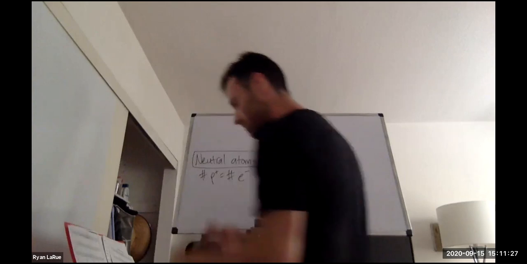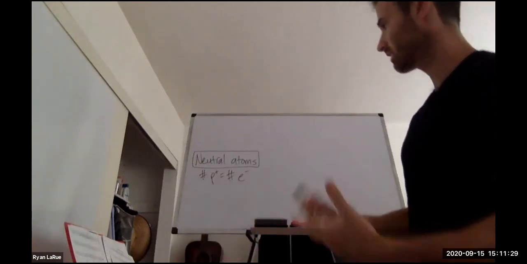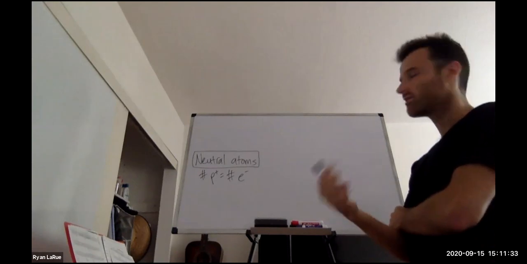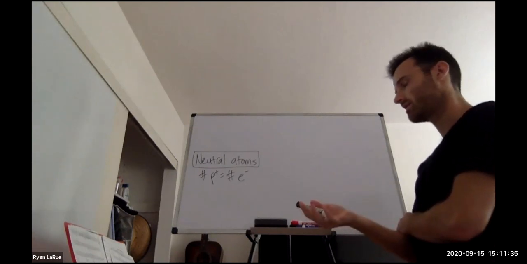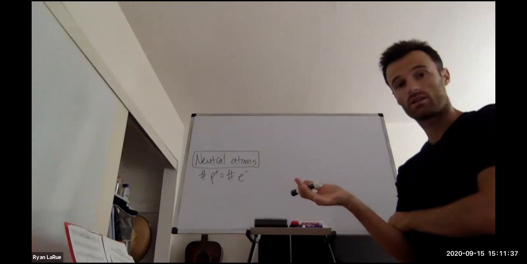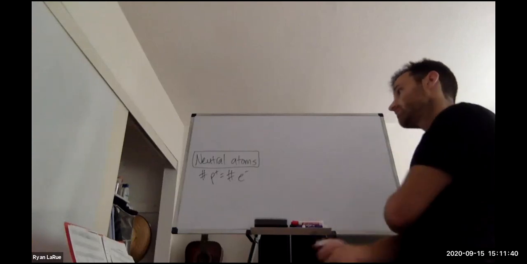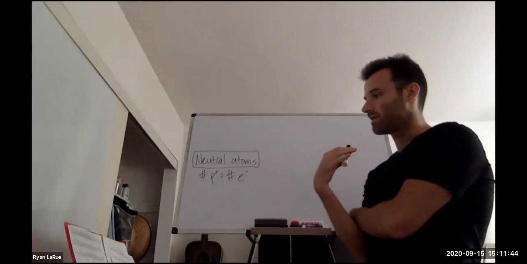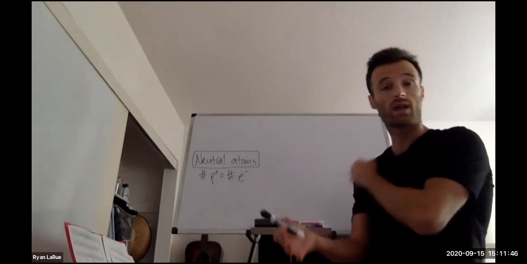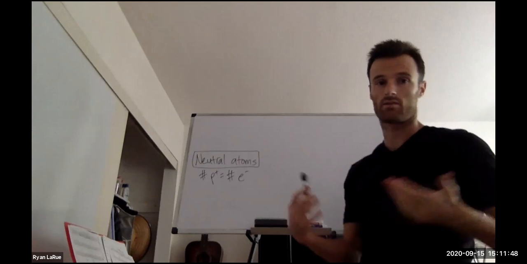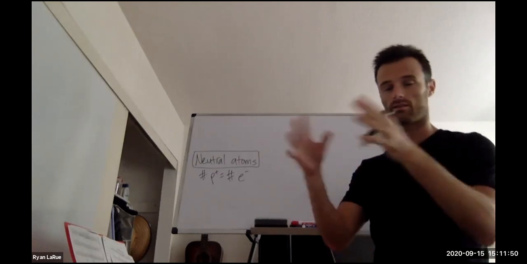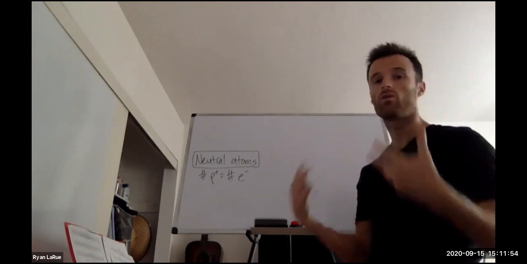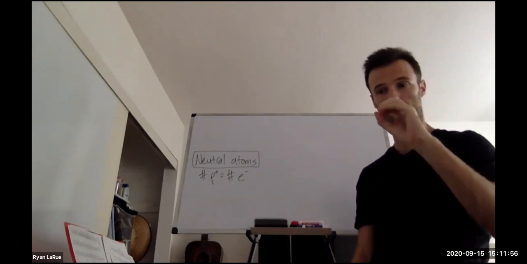This is where we always start. We are working with neutral atoms. So the protons in the nucleus, if we're talking about, let's say, oxygen has 8 protons in its nucleus. That's an 8+ charge. If we are working with a neutral atom of oxygen, we have 8 electrons in its shells, which would give it an overall charge of 0.